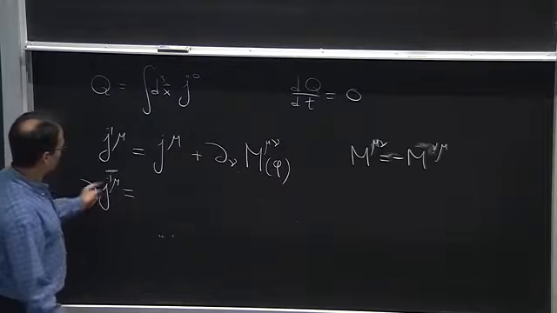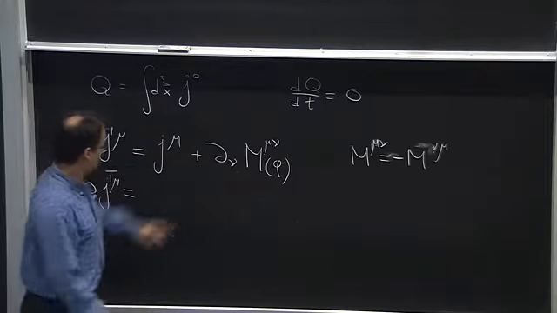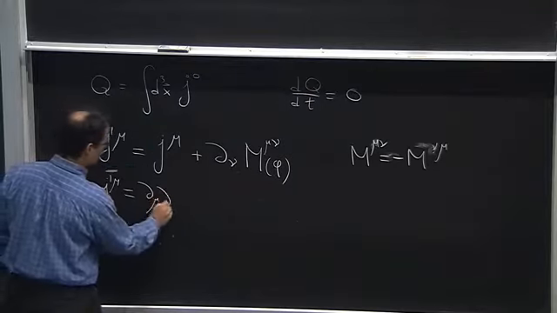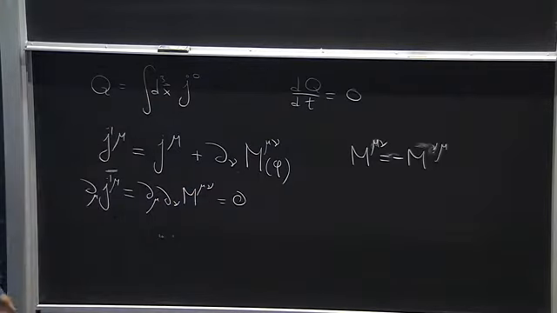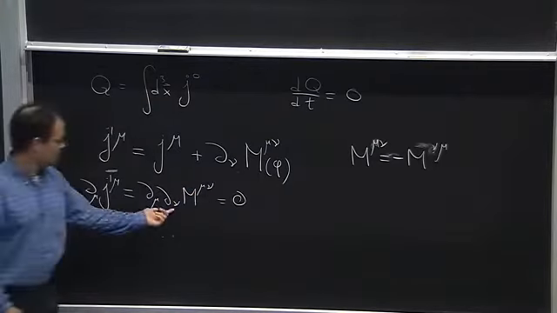Well, clearly, the operator acting on this will give you 0. And now the operator acting on this will also give you 0. Because this is symmetric, and this is antisymmetric. Okay? Now, what's the consequence of this on the charge? Well, let's see.